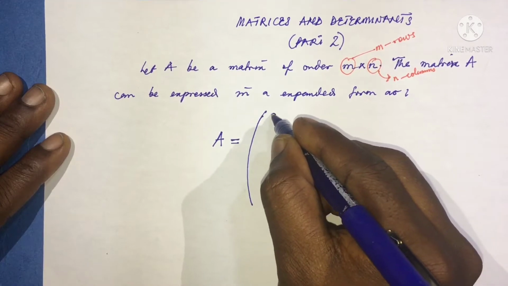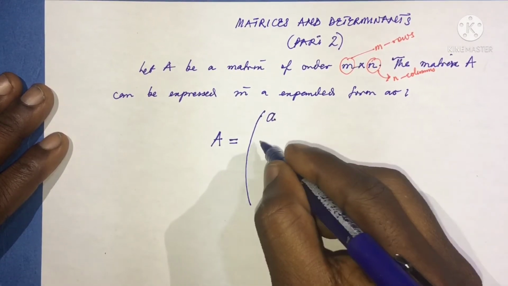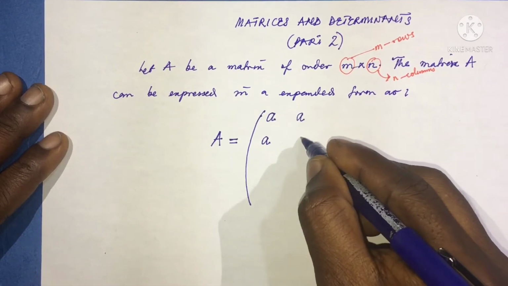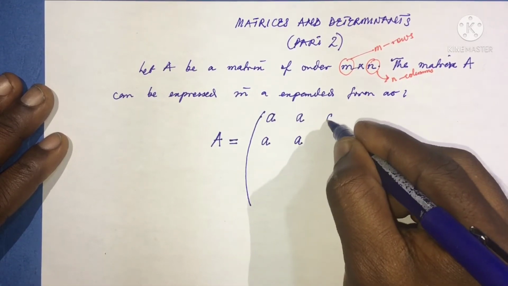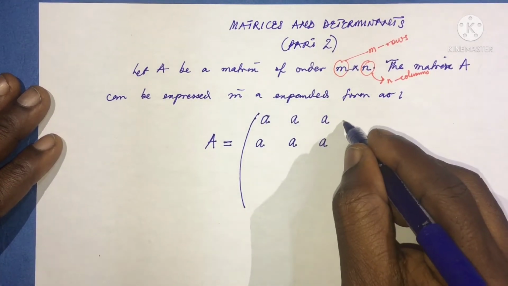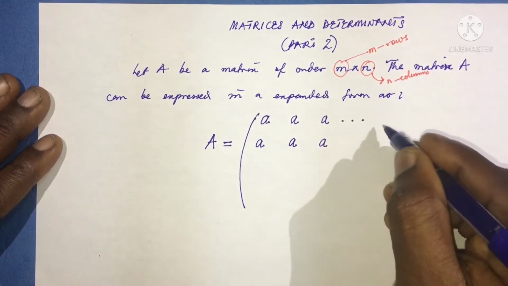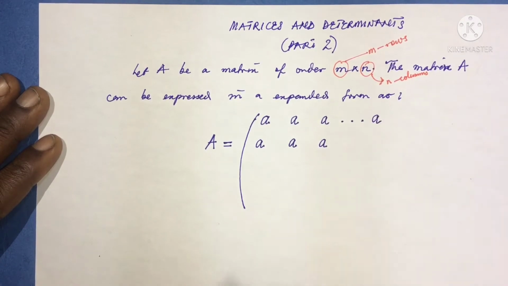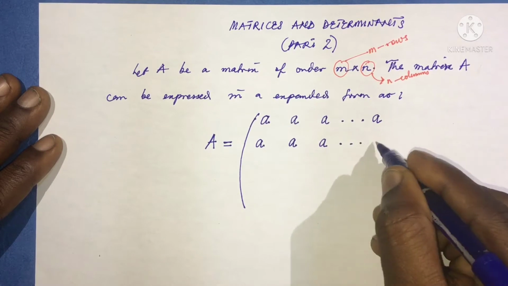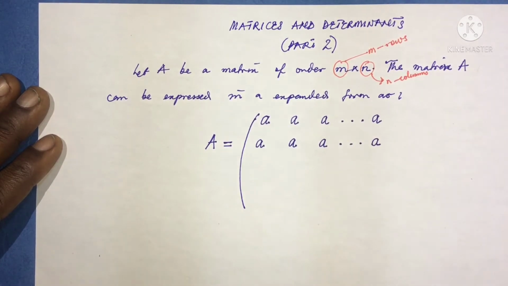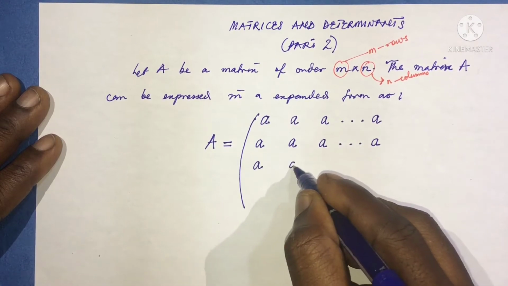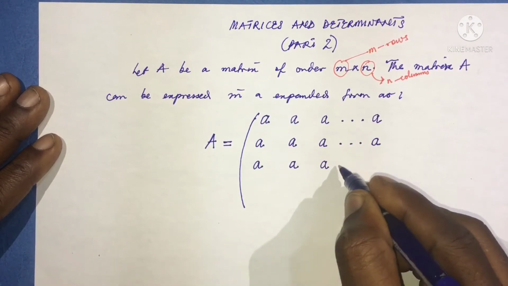I'm going to write a, a, a, then put ellipses and end with a. I'll do the same for the next row, put ellipses again, and end with a.